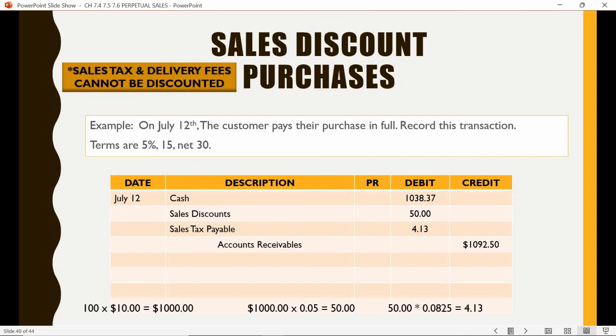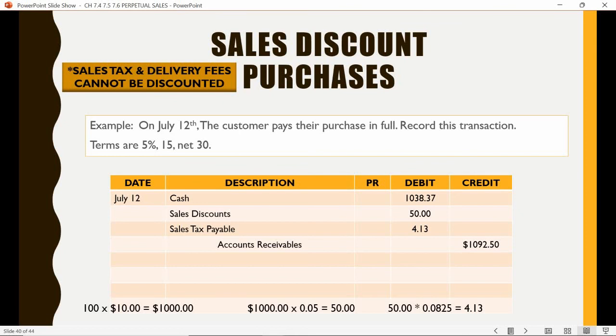Even though I made a record saying that customer A owes me $1,092.50, if they miss the discount period, then that's what they owe me. But because they made the discount period, we need to adjust the account accordingly because we are selling the items at a discounted price.